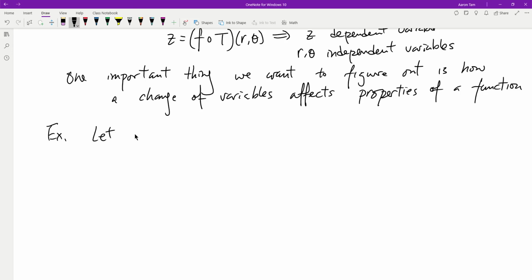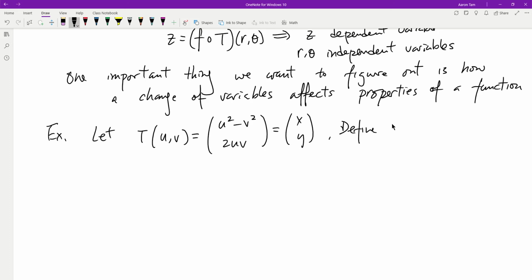Let's say we have a transformation. Let t of uv equal u squared minus v squared, 2uv, be equal to x and y. And then we define a function z equal to f of x and y.